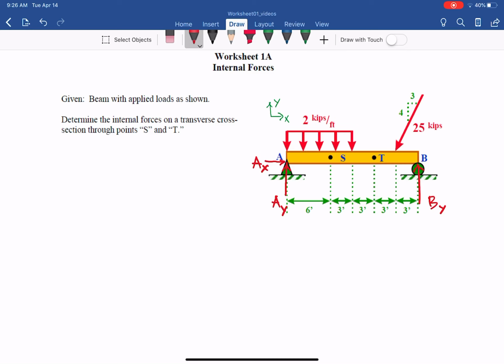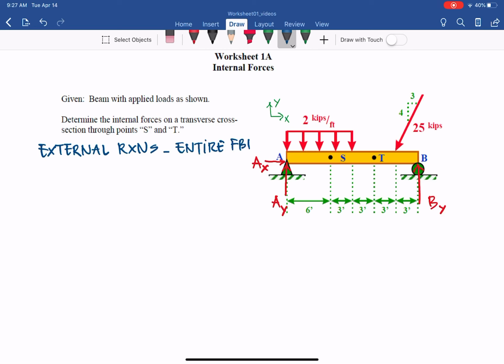To find the external reactions AX, AY, and BY, we consider the free body diagram for the entire structure.